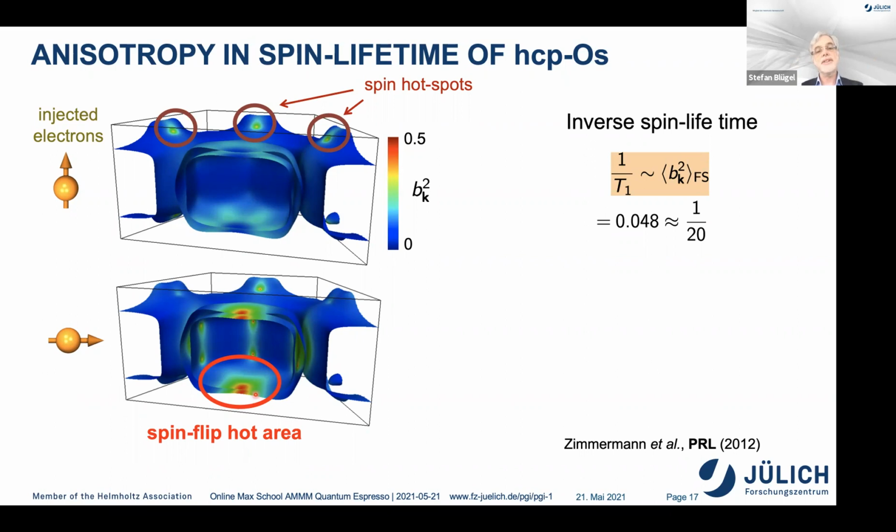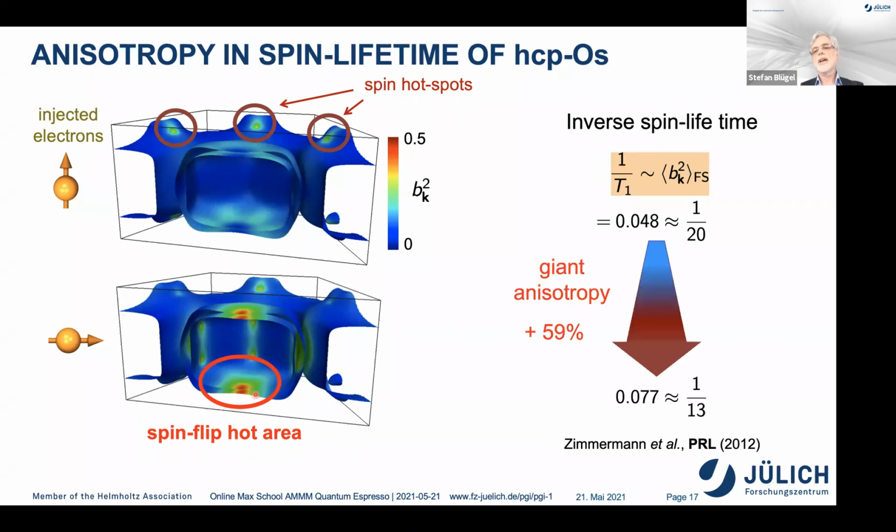You integrate this Fermi surface again, which is the same Fermi surface, but the matrix elements are different on this Fermi surface. And then you see suddenly your lifetime has changed. The lifetime is not 20, but here the lifetime is 13. So it is much, much smaller. And therefore you have a giant anisotropy in the lifetime of a spin current.